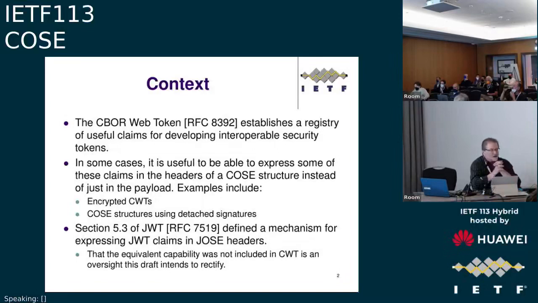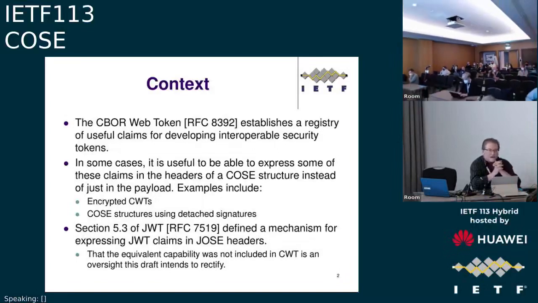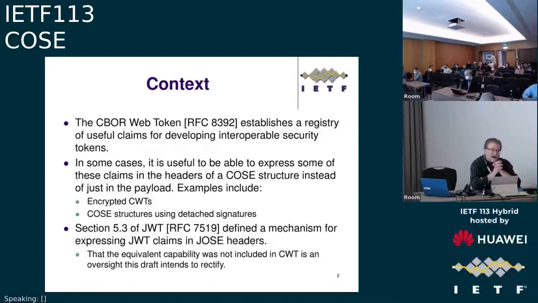But sometimes when you're processing a token, like routing it, trying to decide where it goes, you may want some information from the claims to be publicly visible. And so section 5.3 of the JWT spec explicitly sanctions you repeating claims that are not privacy sensitive in the header parameters. In particular, the issuer claim has been repeated in some contexts in encrypted JWTs to help retrieve the key set that you need to even do the decryption.